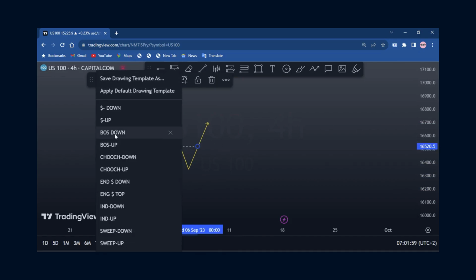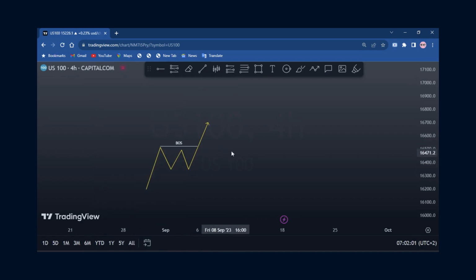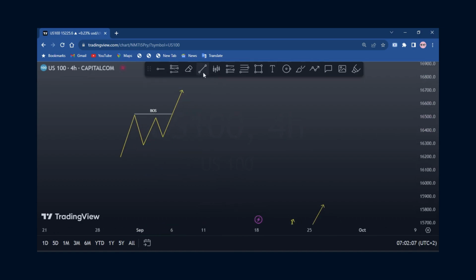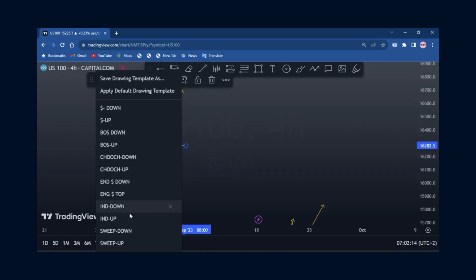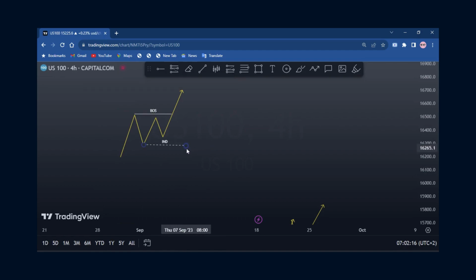Break of structure to the upside, and we check if the market has given us any inducement as it was doing that. As you can see, it gives us our first inducement, then that inducement moved from that point to that point. So that was the most recent inducement.